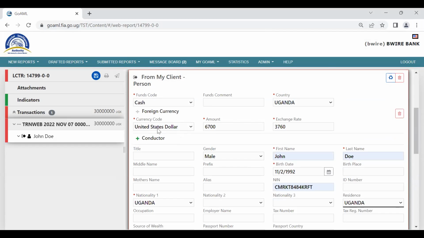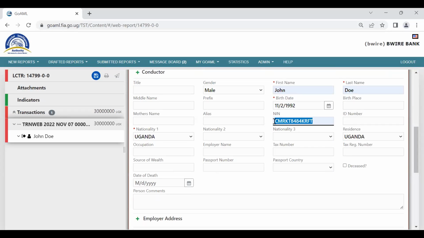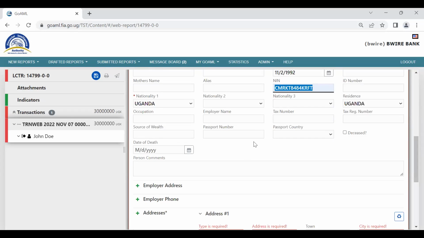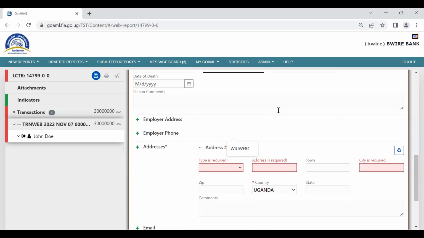I've opened up foreign currency because there's a dollar element involved, and we have the USD amount and the exchange rate details. The gender is captured here, and then we have the date of birth. We have the NIN indicated here, and then the nationality and the residence. That's the primary detail. If it's a non-national, we would have indicated passport details, but for now we have indicated the NIN.